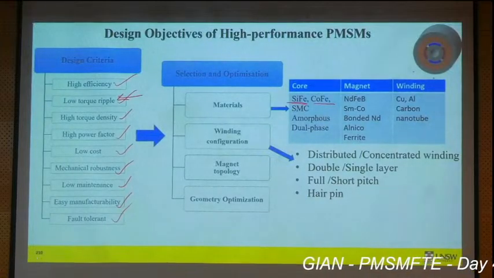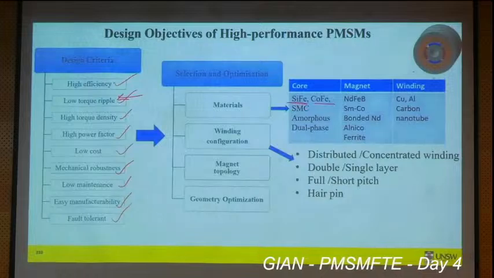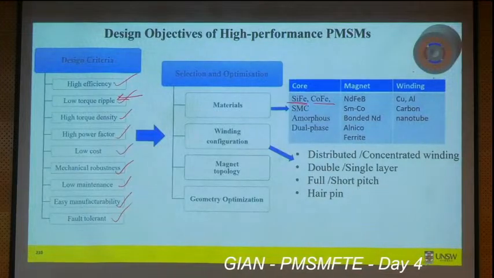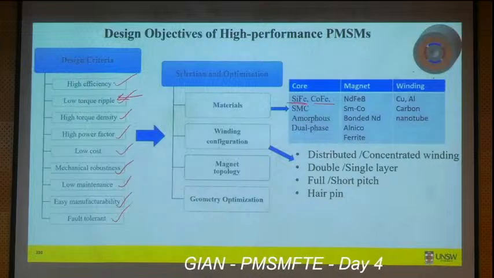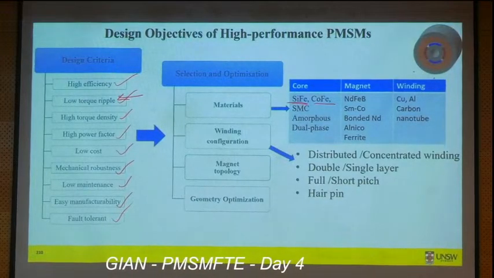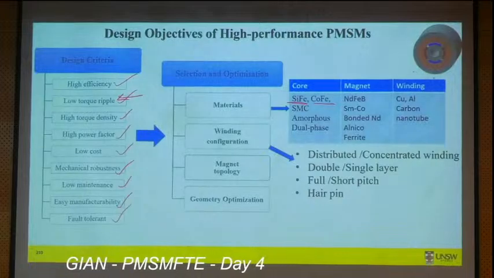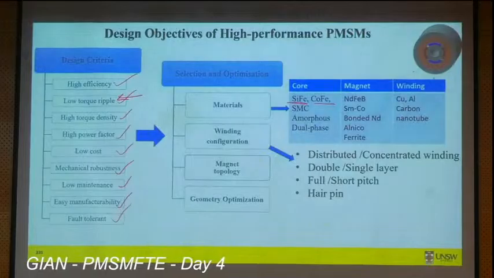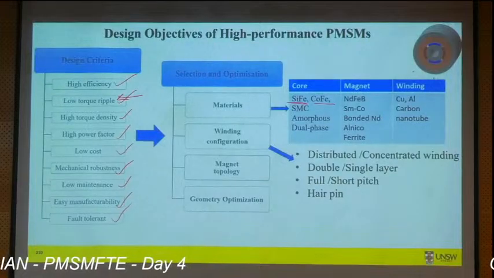Okay, so it's a compromise. And then there are also new types of material coming in, amorphous, which could have very high flux density, but light, but they are not easily available. Okay, so sourcing them would be an issue.